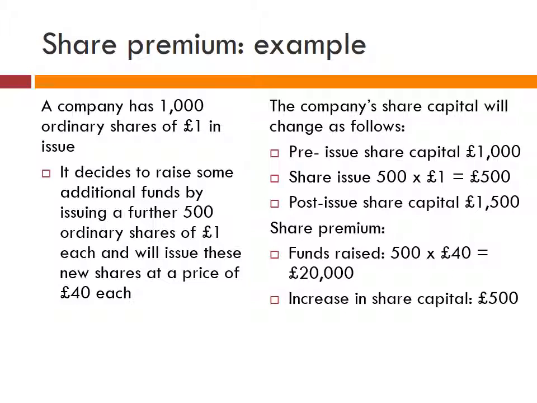The funds that were raised, as I said, were £20,000. Of that £20,000, £500 has gone to increase the company's share capital. So the difference of £19,500 will go to a share premium account and be included in the equity section of this company's statement of financial position.